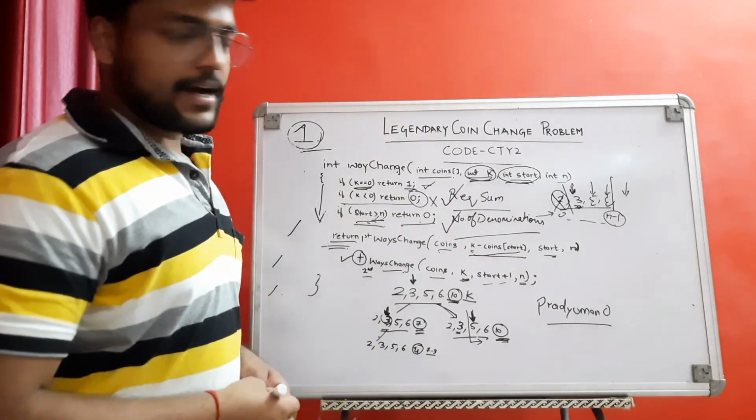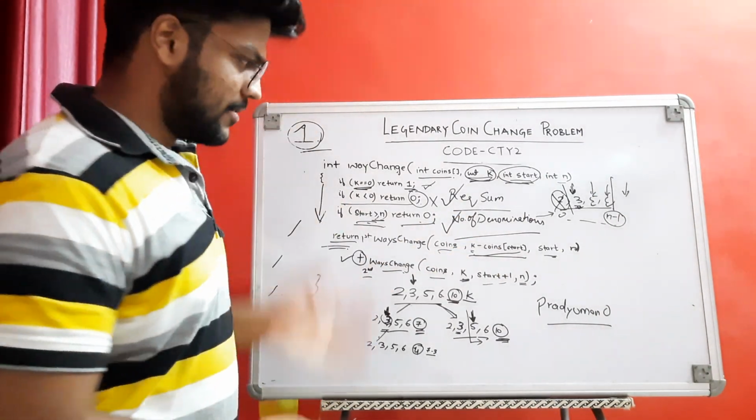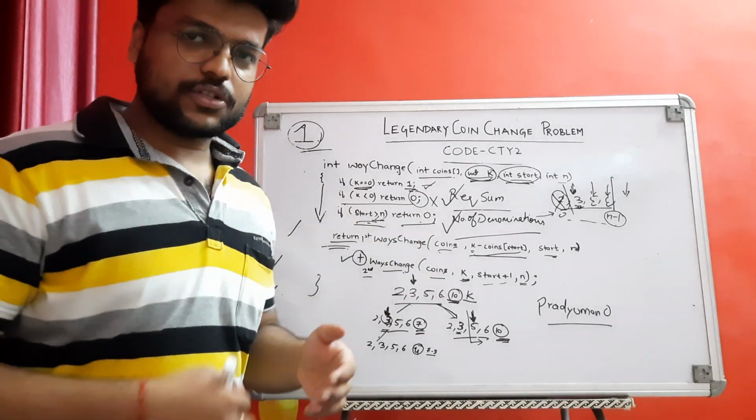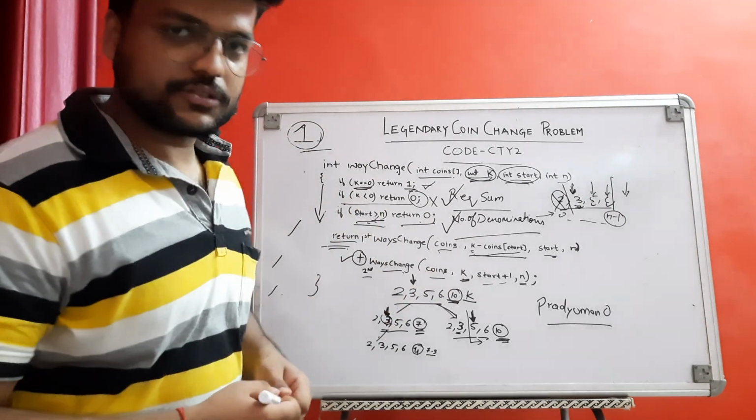So what if I maintain a DP array, or not a DP array, let's say this is a memoization solution. This leads to a memoization solution.